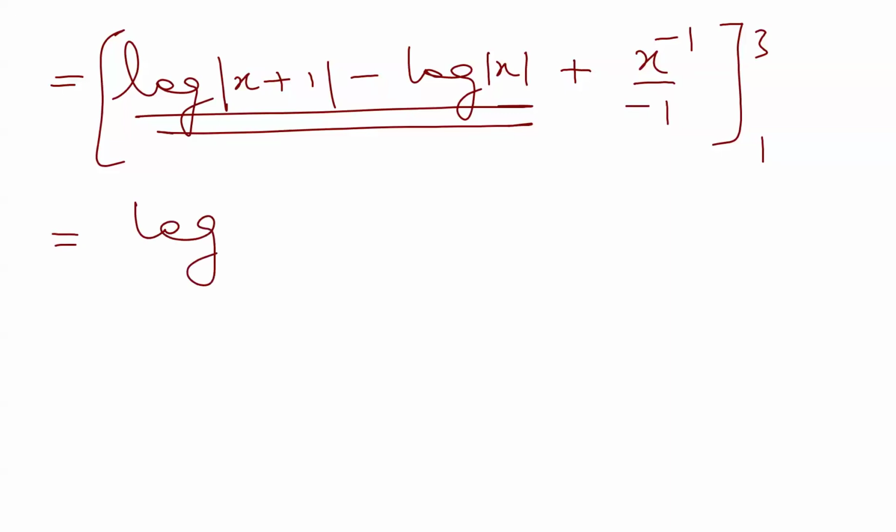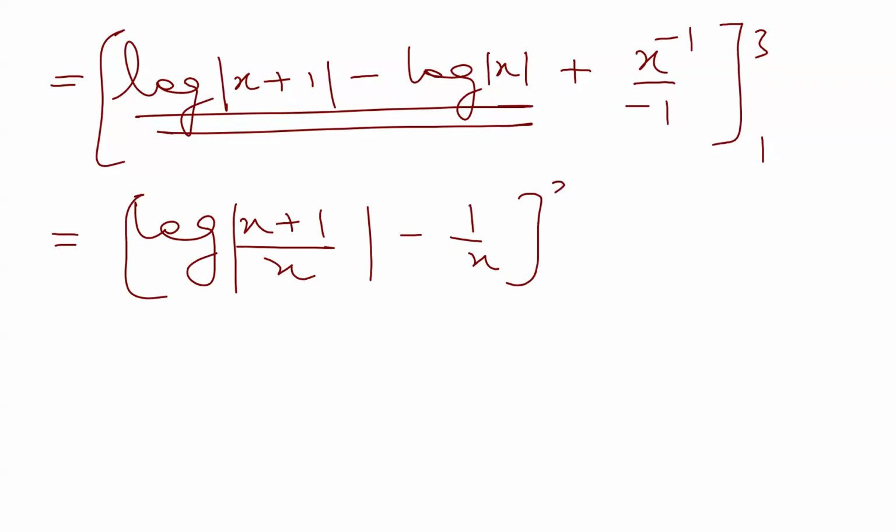Log A minus log B is log A upon B, plus upon minus is minus 1 upon x. Okay, 3 and 1.